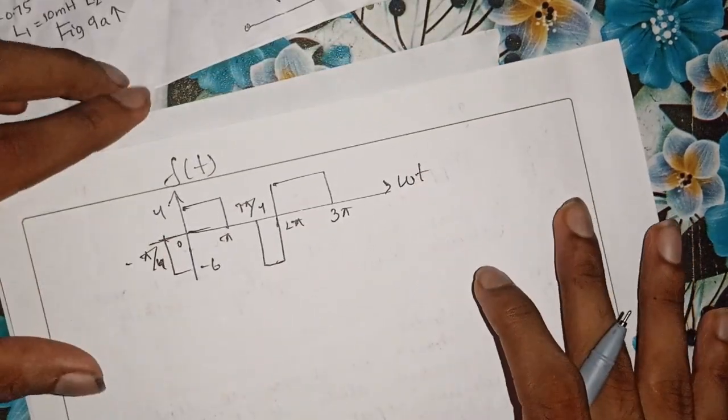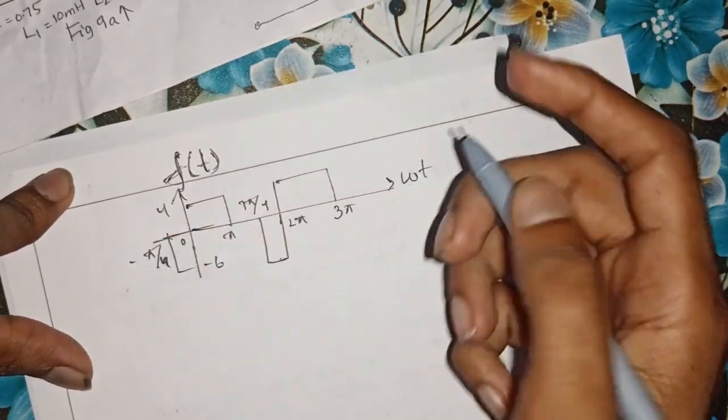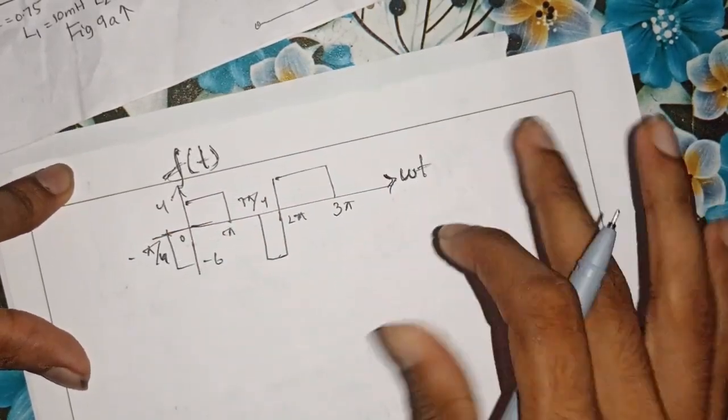So this is the signal, which in the y-axis is represented by f of t, and in the x-axis by omega t.